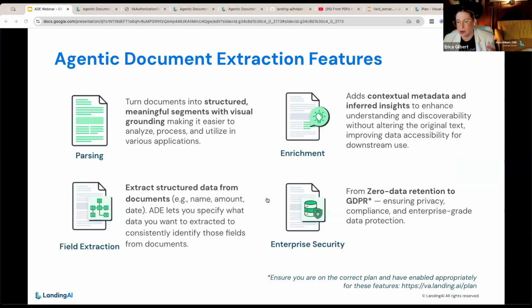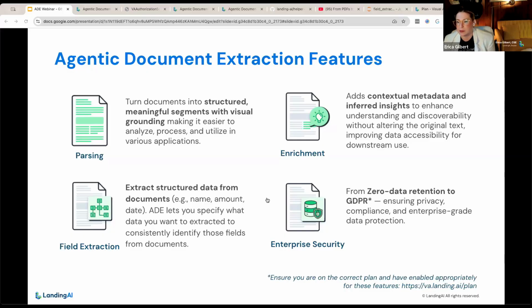So at a high level, there are really 4 key features that populate the Agentic Document Extraction suite. And those rely on the document processing itself. So parsing: ADE segments documents into meaningful chunks that are grounded visually, so that extracted data can be traced back to its position in the document.